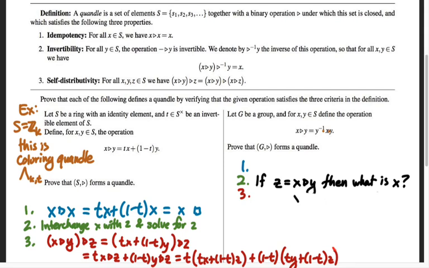And on the one hand, we found out that if x is z triangle y, then z is yxy inverse. But that's the same thing as y inverse inverse x y inverse.